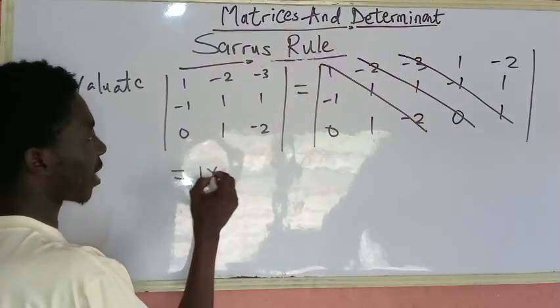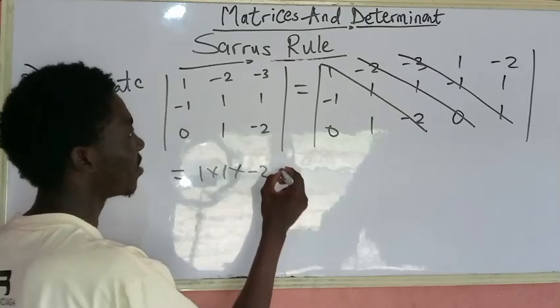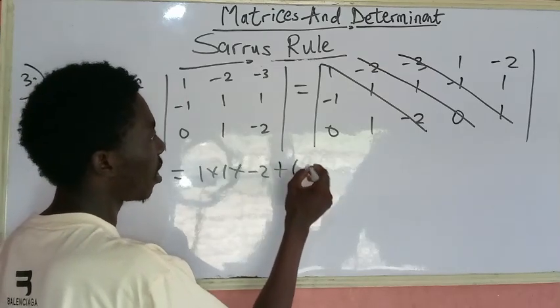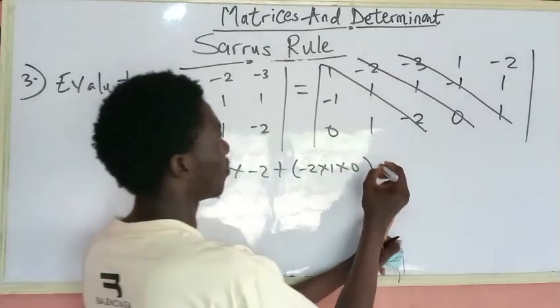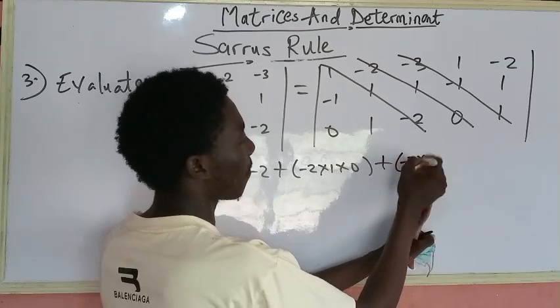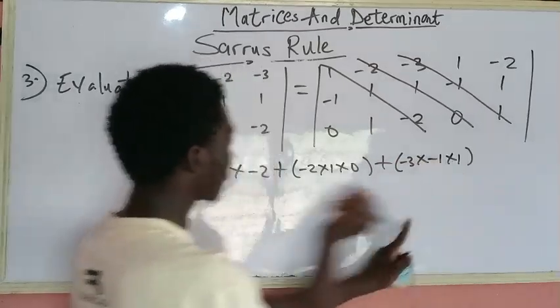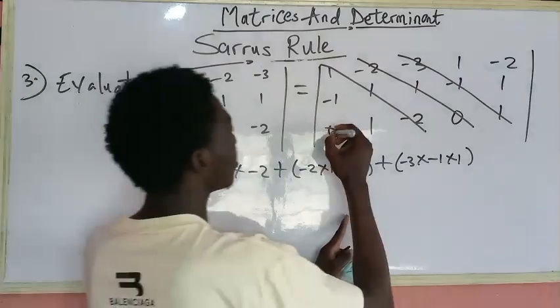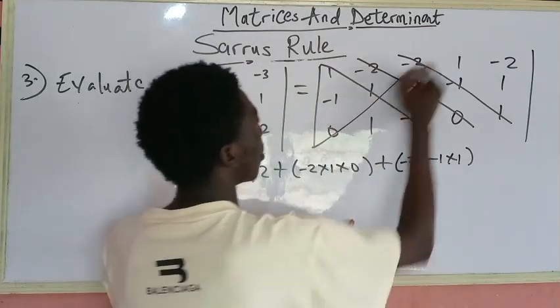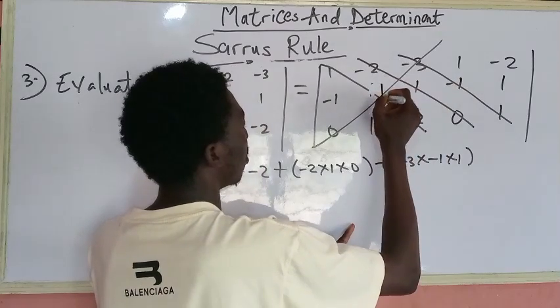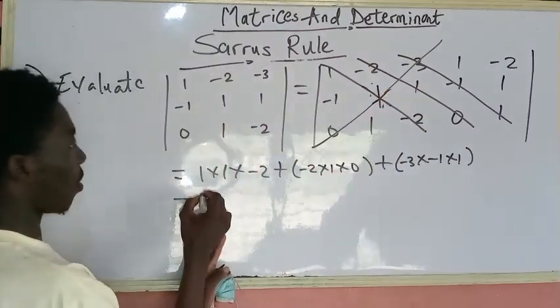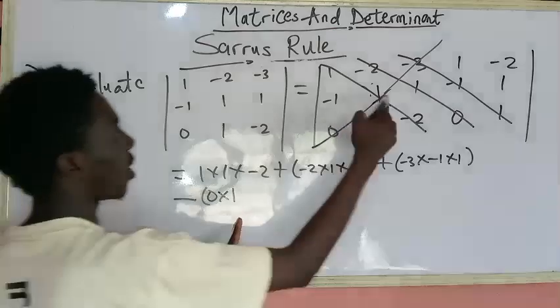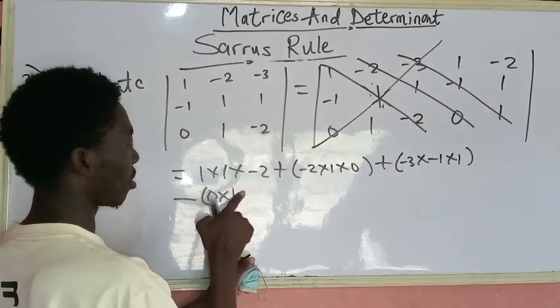So that will be 1 times minus 2 plus minus 2 times 1 times 0 multiplied by 0 plus minus 3 multiplied by minus 1 times 1. Minus this goes with this. So 1, 0 multiplied by 1 by minus 3.